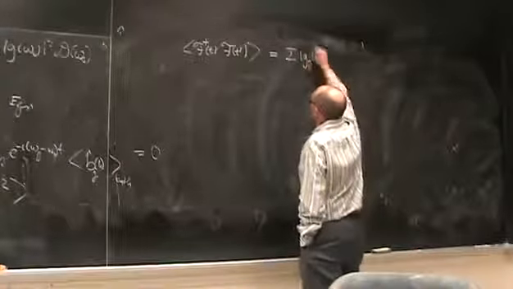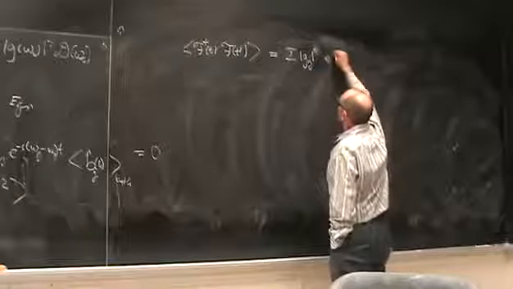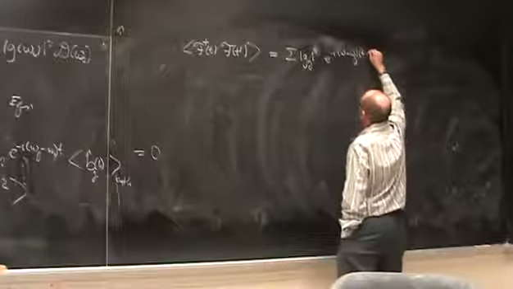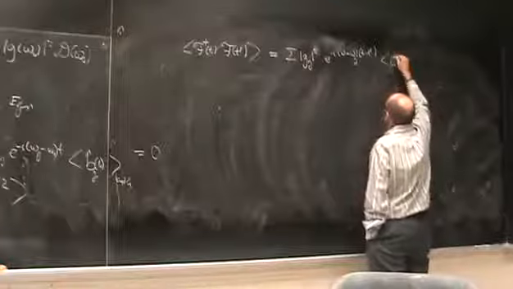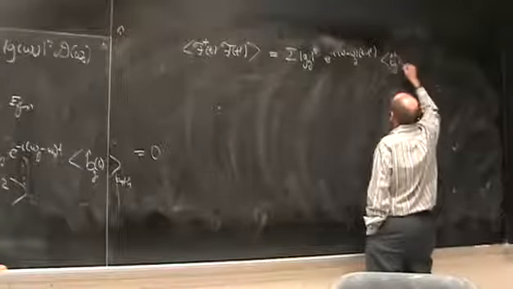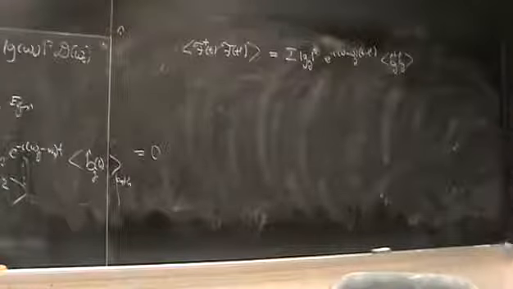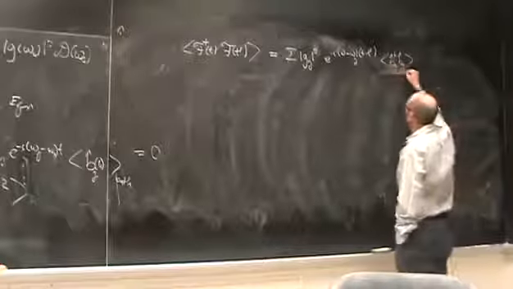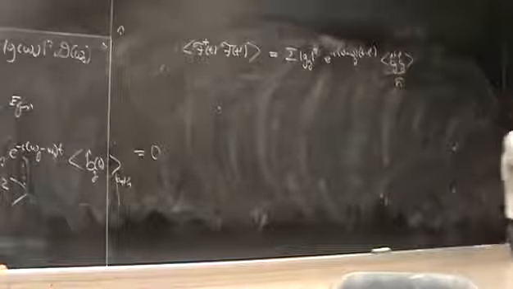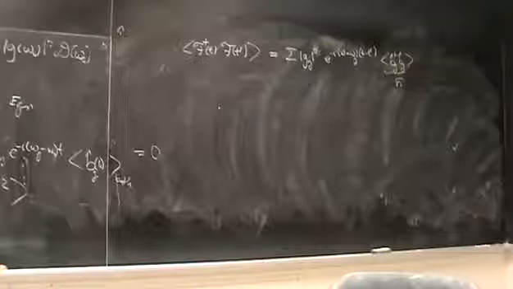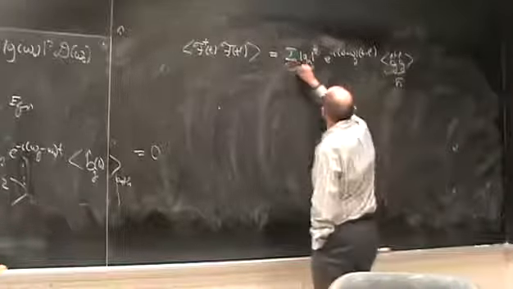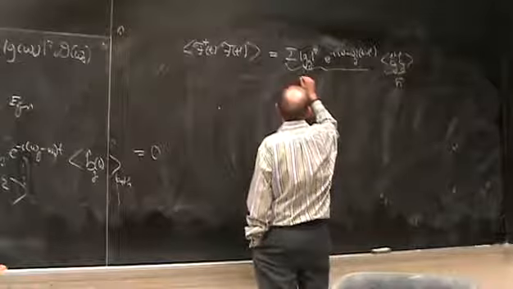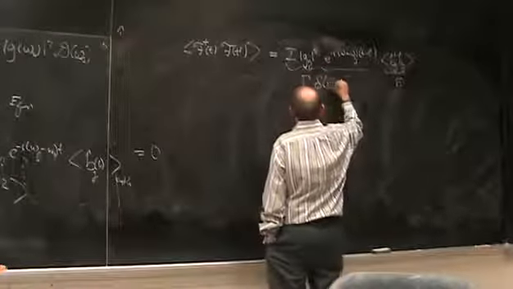I get g_j squared, e to the minus i (omega minus omega_j)(T minus T prime), times n bar, the mean number of thermal photons in the mode j. And this, in the Markov approximation, is what we showed was equal to gamma times the delta.